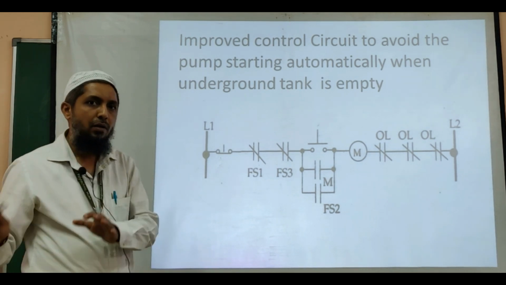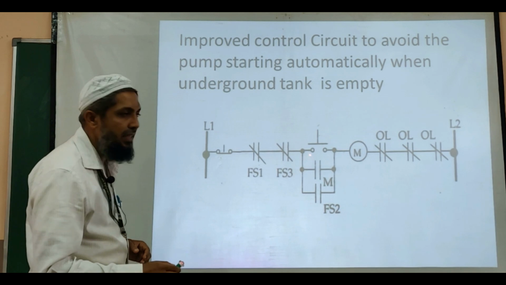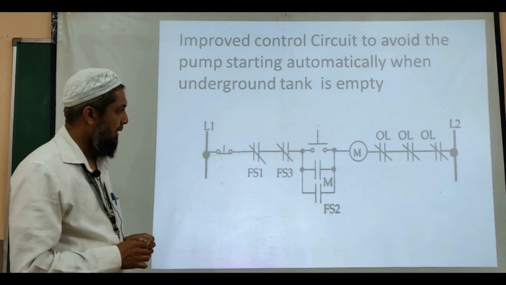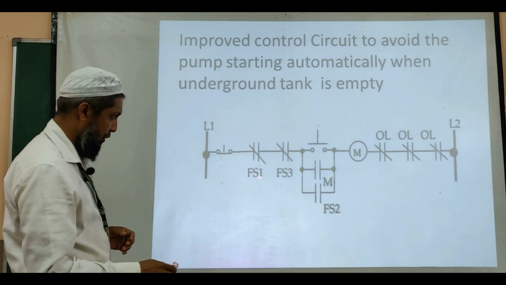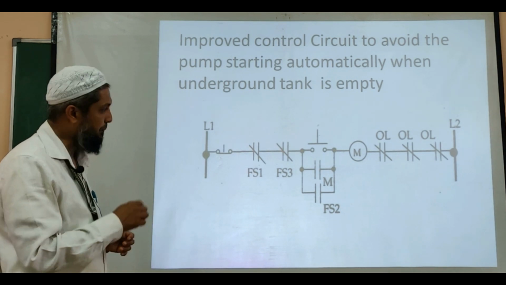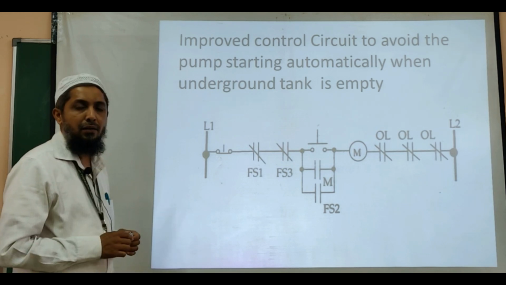If there is some water in the underground tank, this switch FS3 closes, and as there is no water in the overhead tank, the FS1 switch is also in closed condition and supply is given to the coil.